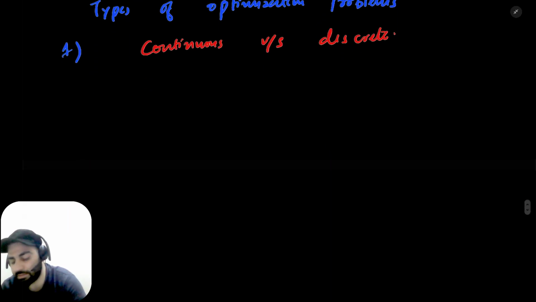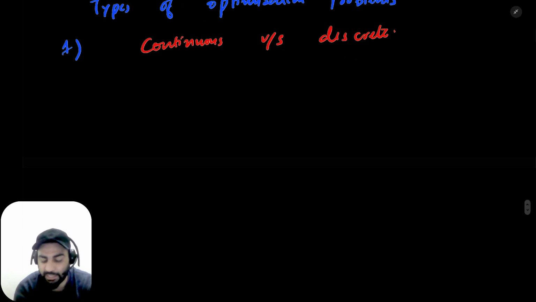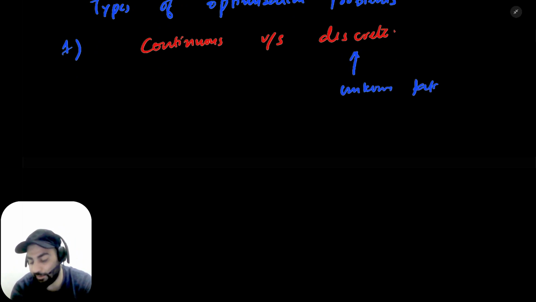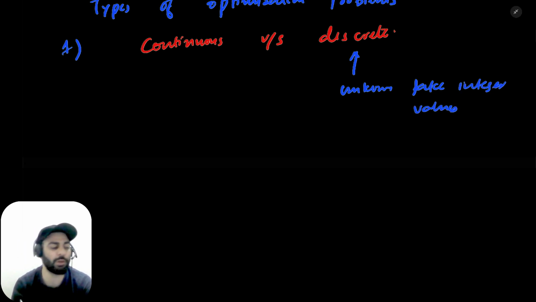But in some problems, if the unknowns take integer values, we call it a discrete problem. So why is it used? For example, a variable xi could represent the number of power plants, so xi will take integer values 1, 2, 3.